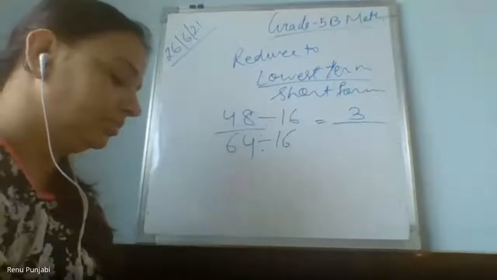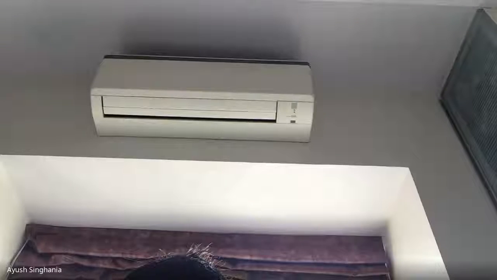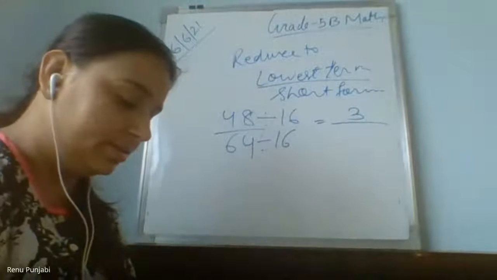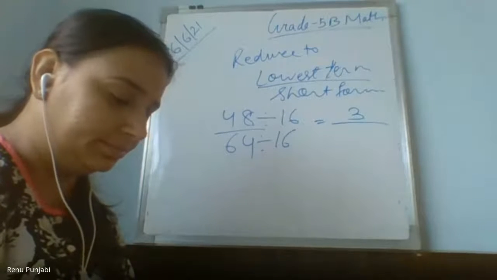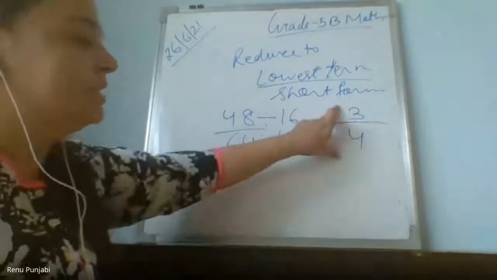And 64 divided by 16, tell me the answer. Tell me fast. Yes, Nishika? 4. Very good. Now, this is the short form.